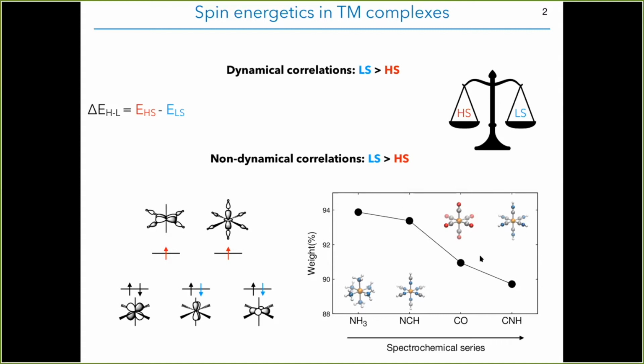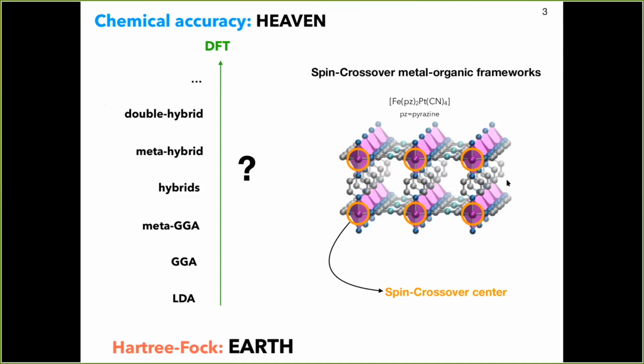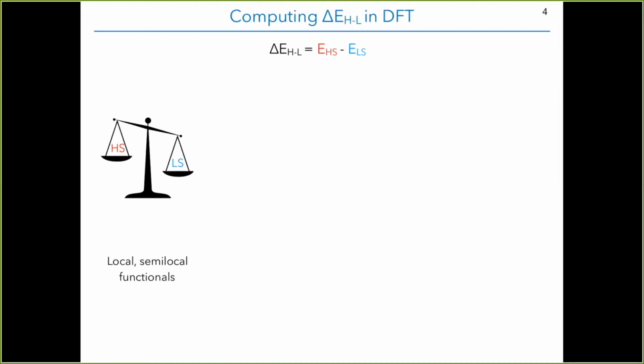As we can see, the multi-configurational character of the wave function increases for stronger ligand field compounds. Because our aim is to study spin crossover phenomena in spin crossover metal-organic frameworks, we need a reliable DFT approach to study systems that cannot otherwise be studied by high-level quantum chemistry methods.